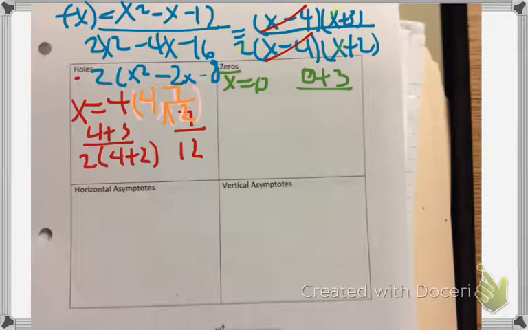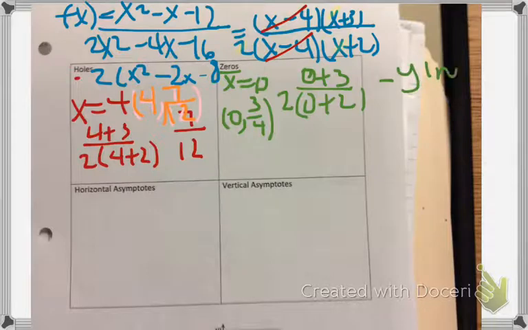And 0 plus 2 down here as well. Don't forget times the 2 on the outside. That's going to give you what? 3 over 4. Okay? So that's your y-intercept. What did y'all tell me? 3/4, didn't you tell me? Okay. So that is x equals 0 on the y-axis, right? So that's your y-intercept.